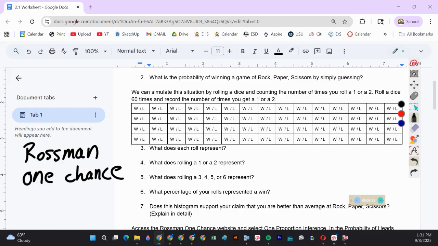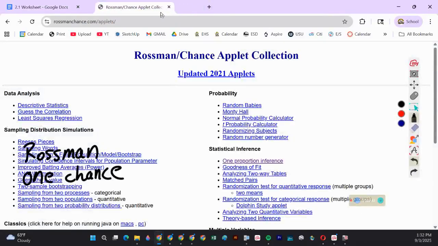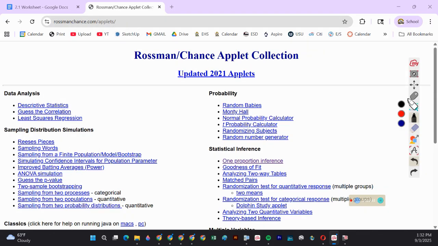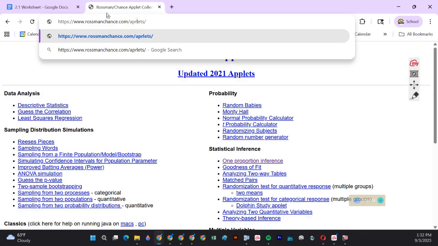And we're going to use this website all the time. Okay? And that's not the page you see, right? Let me do the Google search and then look.